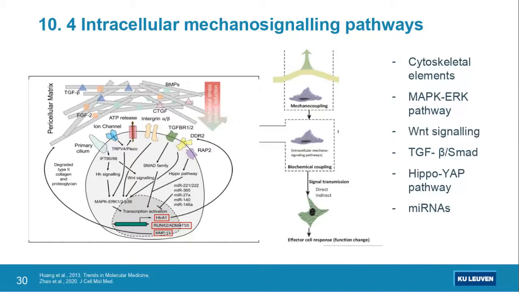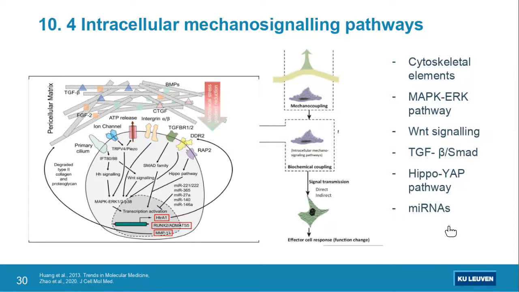In this slide, I have included several examples of the pathways that are known to be more related to the mechanotransduction process. For example, we have changes in the cytoskeletal elements. Another pathway that is activated in response to loading is the MAPK-ERK pathway, the Wnt pathway, TGF-beta SMAD, Hippo-YAP, or also the microRNAs.